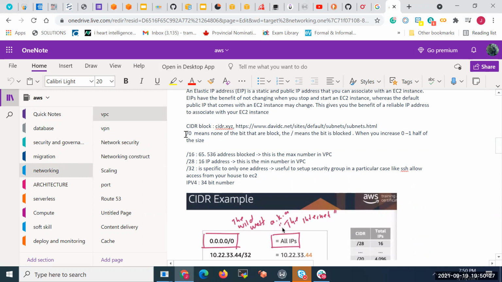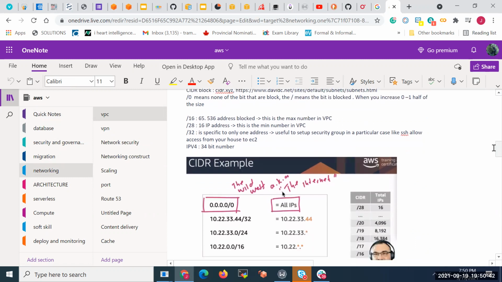So what you need to remember is when you have slash 0, it means that none of the bits are blocked. That means everything is accessible. So when you want to access everything, all of the IPs, then you would use 0.0.0.0/0, like this. Then everything will be accessible. After that, if you don't allow this, then you start to get into different ranges.